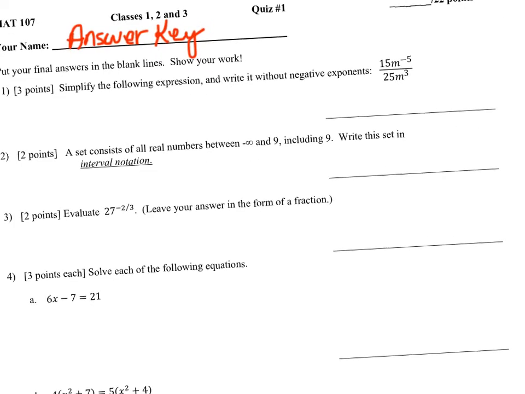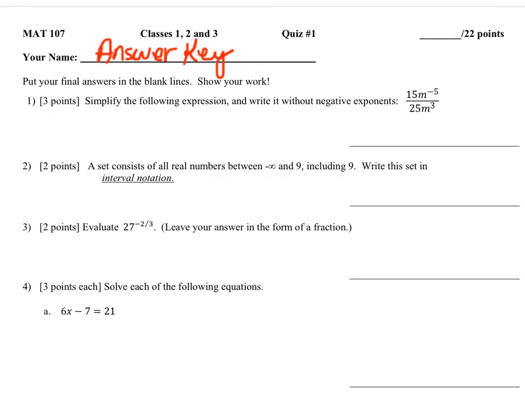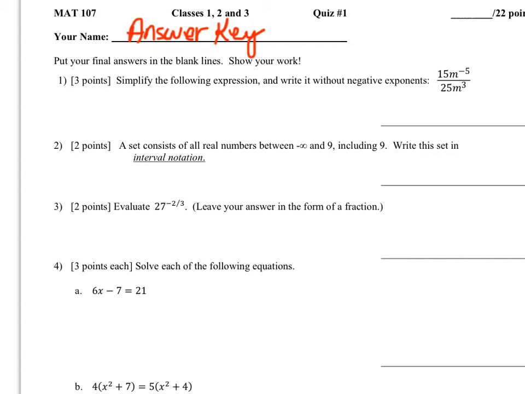So we have the fraction 15 times m to the negative 5, the entire thing divided by 25 m to the third. So you can see in the top you have the number 15, and that's being divided by 25.